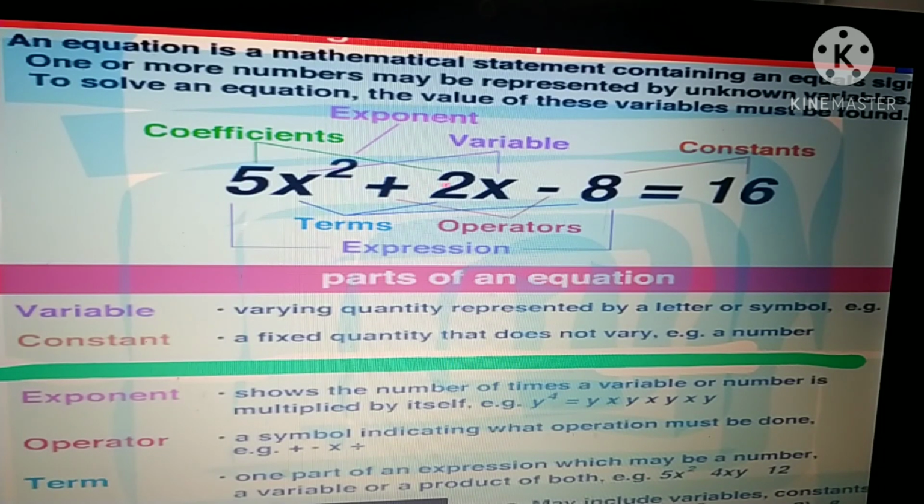See this one, this number will become a term. The combination of variable and number, 2x, is also a term. 5x square is also a term. See these examples here, 5x square and 4xy. These are all called terms. Understood?